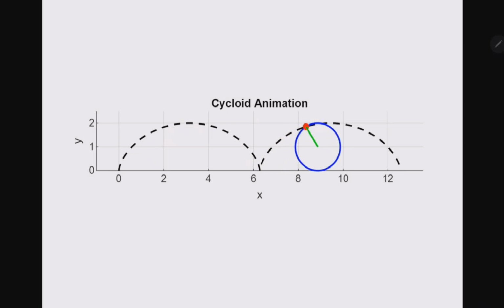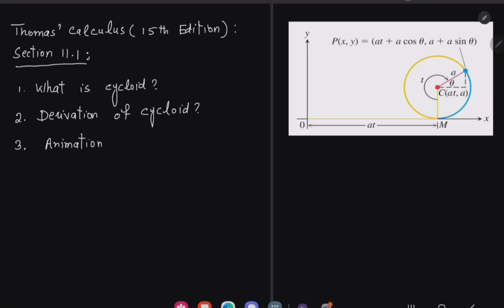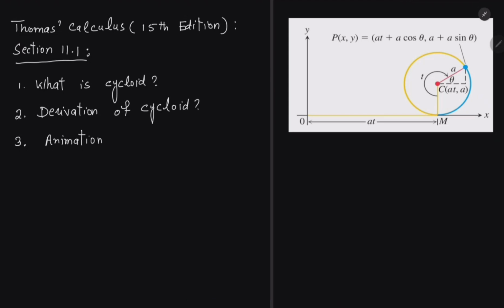This is called a cycloid, and it just finishes its one cycle. So let me go to the derivation of the equation of this graph.